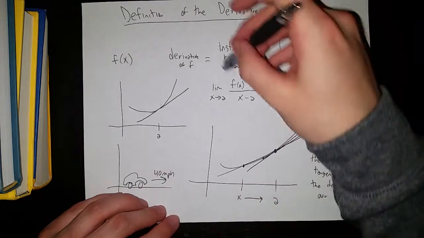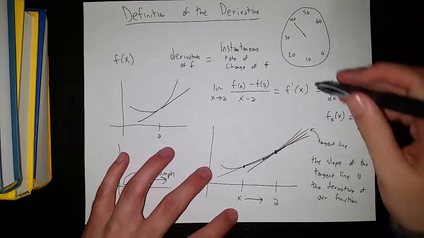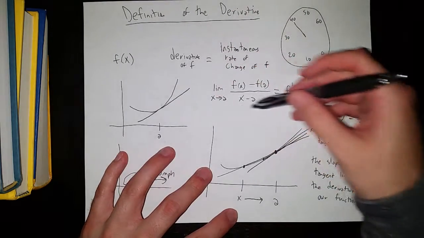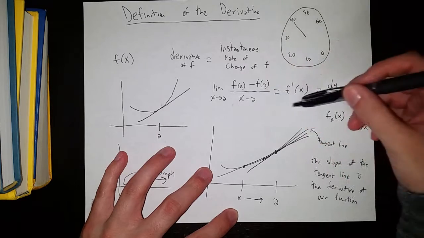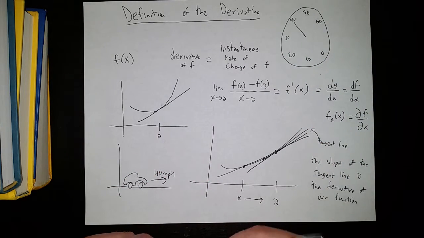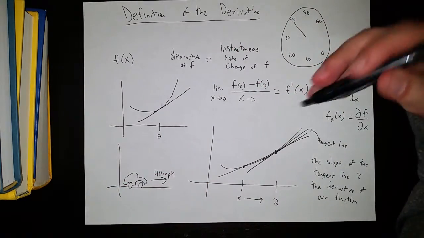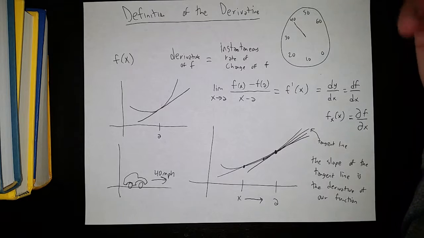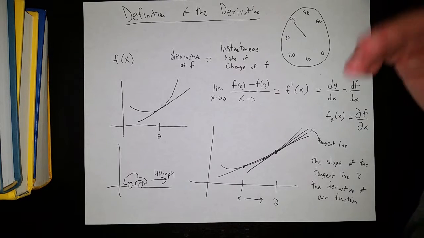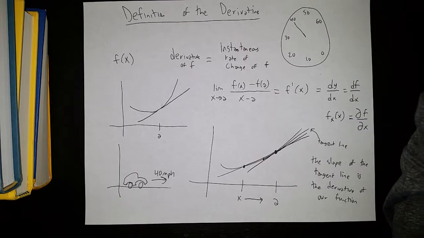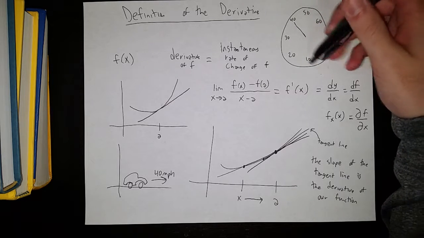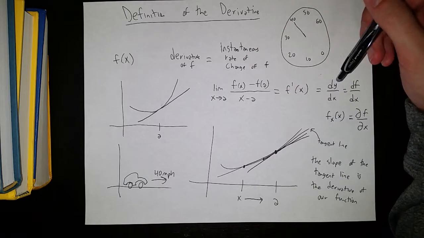It's the instantaneous rate of change of f. The equation that we solve to get our derivative is the limit definition, and there are shortcuts to compute this. We don't always need to compute the limit, as I'll go into in other videos. There's the power rule, the product rule, the quotient rule. There's a lot of different rules that we can use to simplify this equation.